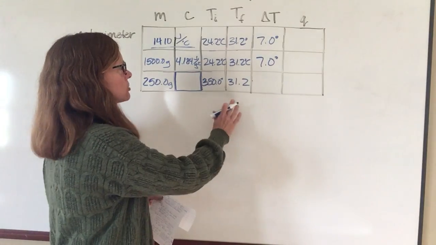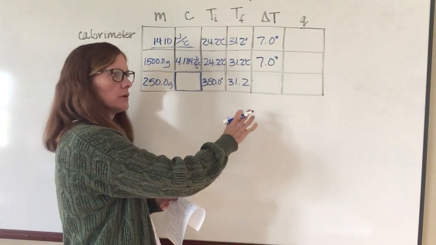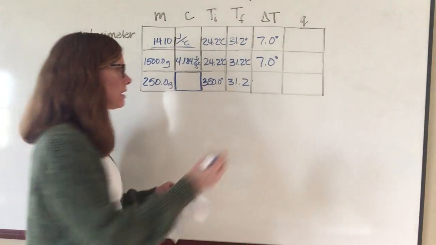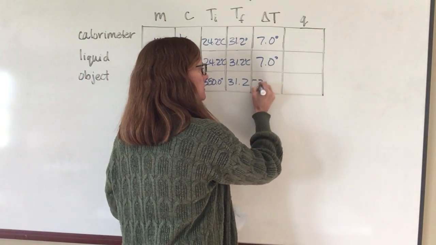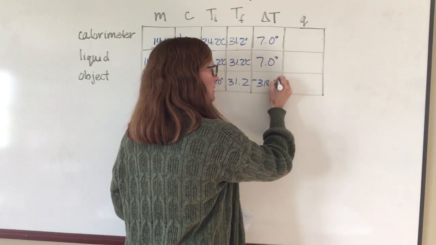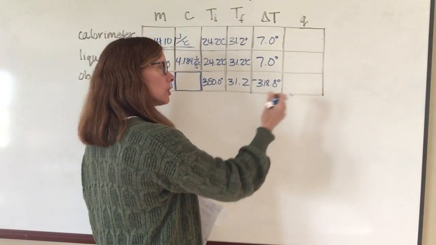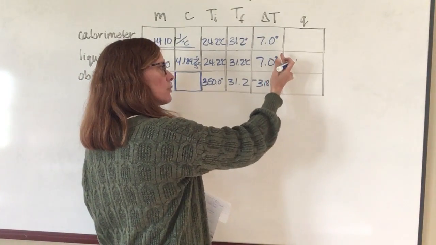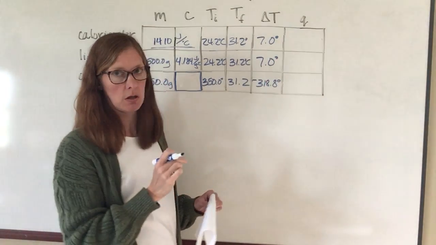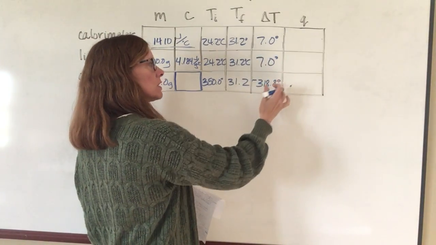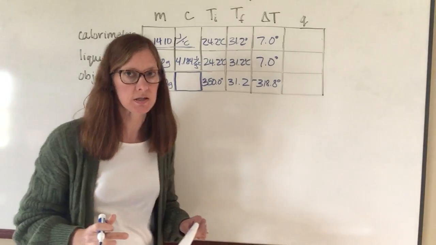The change in temperature for the metal is 31.2 minus 350, which is going to give me negative 318.8. Again, remember that I told you you should always have something that's gaining in temperature and something that is losing temperature, because whatever is gaining temperature is gaining heat, whatever is losing temperature is losing heat.